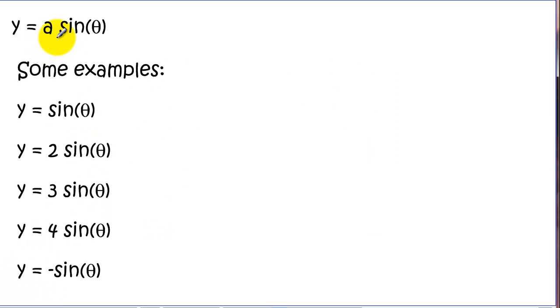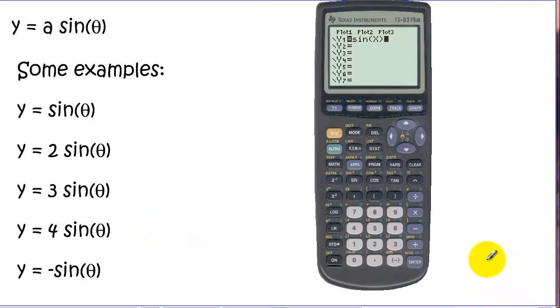Now sometimes, instead of just having the basic sine function, we may want to multiply that by some number. So I've got some examples here, and we're going to explore those graphs with the graphing calculator. Now I've set up my screen, so let's just look at the sine curve here.